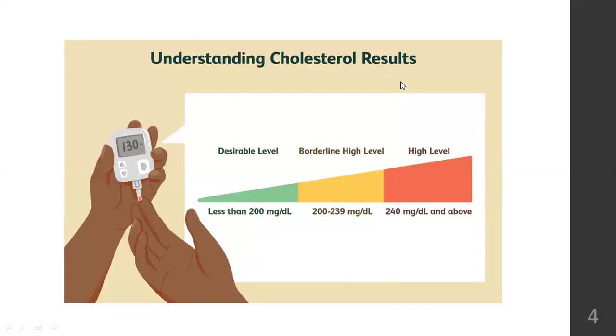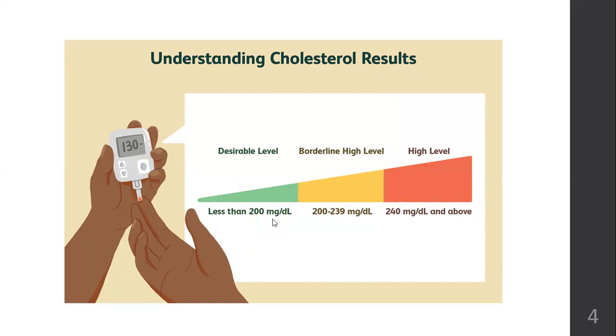So, understanding your cholesterol: when you give your blood for cholesterol results, this is how the results can show up. If your cholesterol level is less than 200 mg per deciliter, you are in a normal category. It's a desirable level. 200 to 239, borderline.